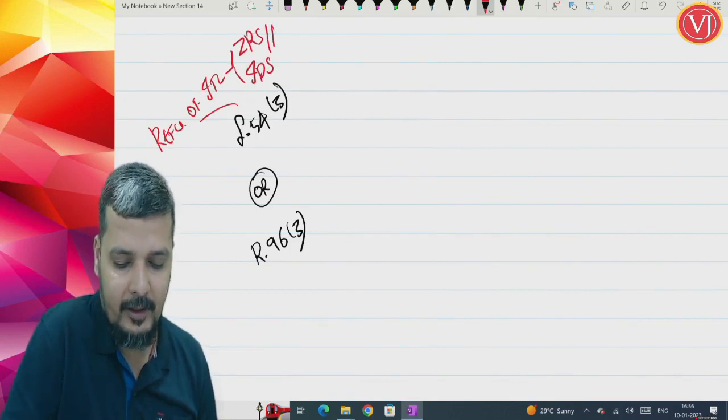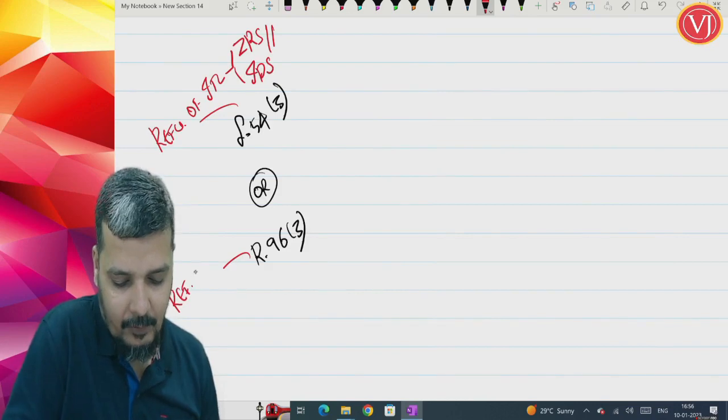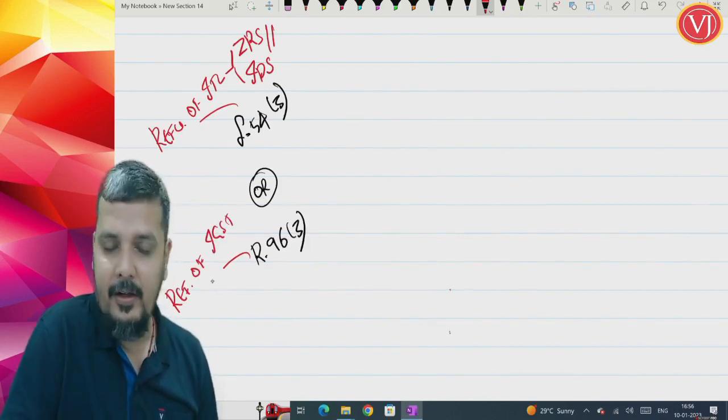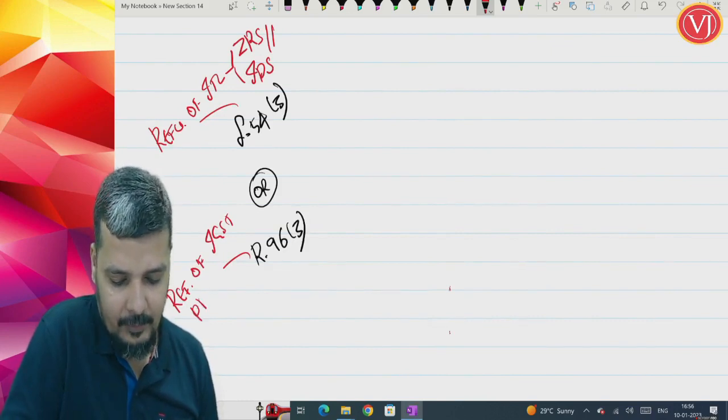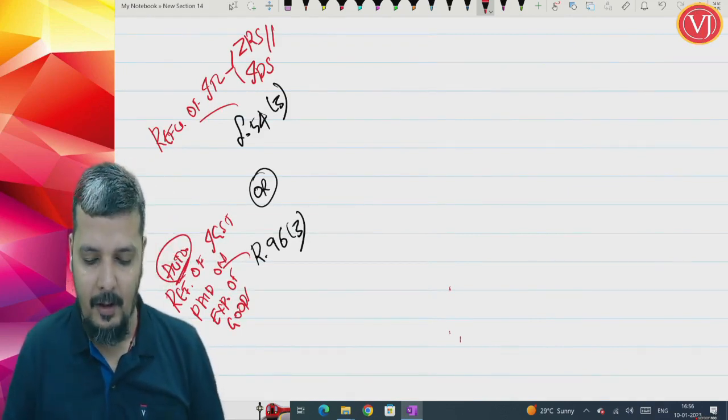Only in two cases you will get the refund. And Rule 96 sub rule 3 is refund of your IGST, which is paid on export of goods. This refund would be automatic.